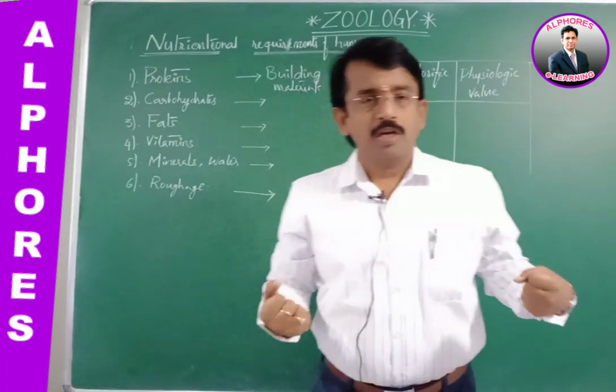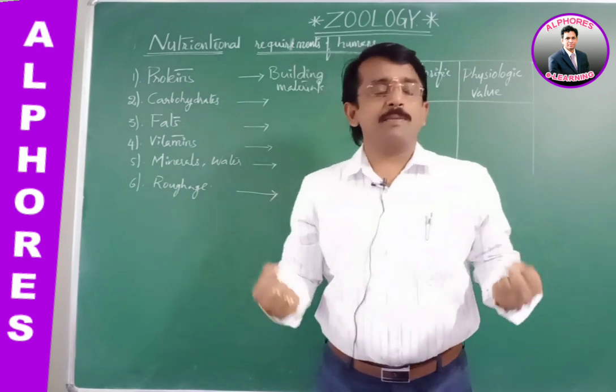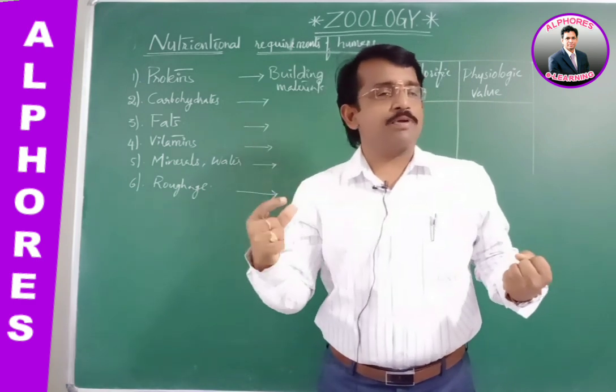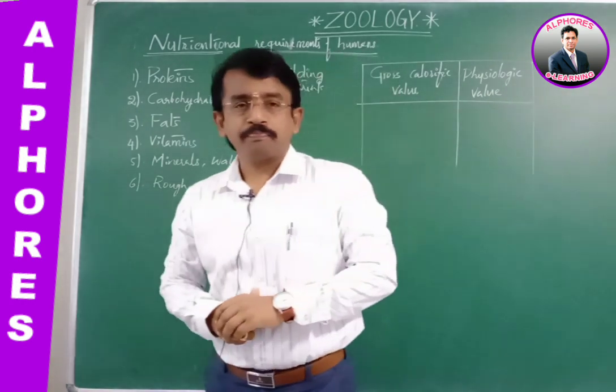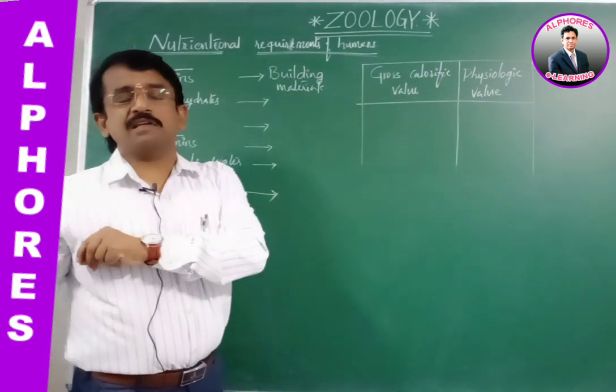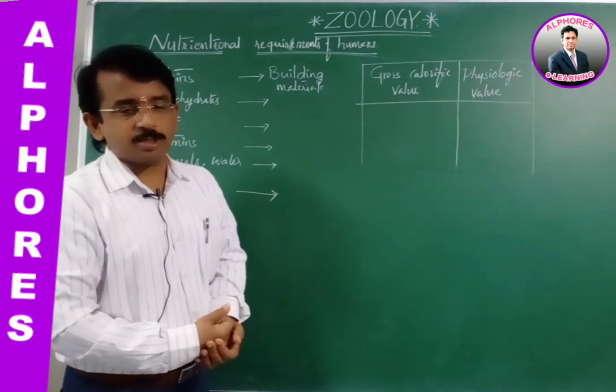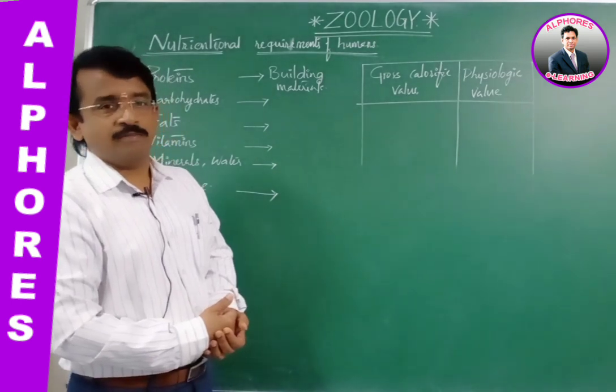For example, take primary proteins and secondary proteins. Primary proteins means the protein present in the animal tissue, whereas the secondary proteins are those present in the cereals, that is, the products of the plants, vegetables.